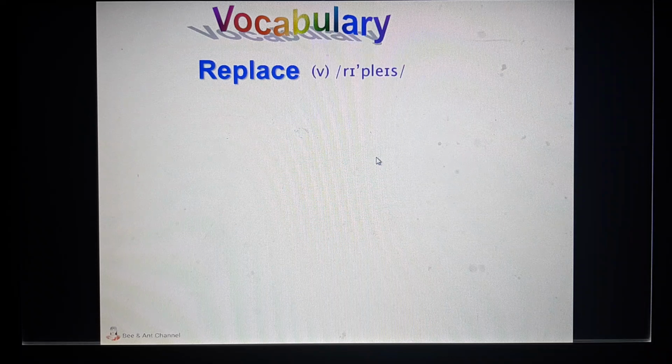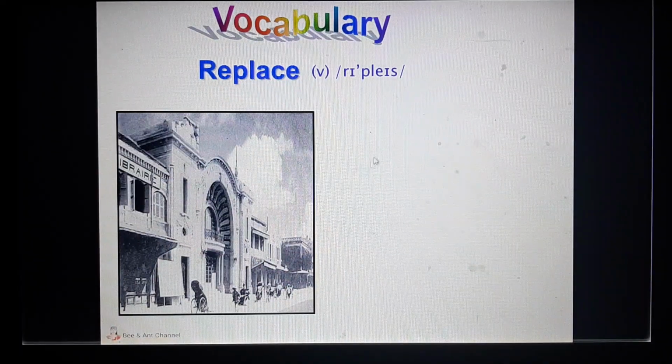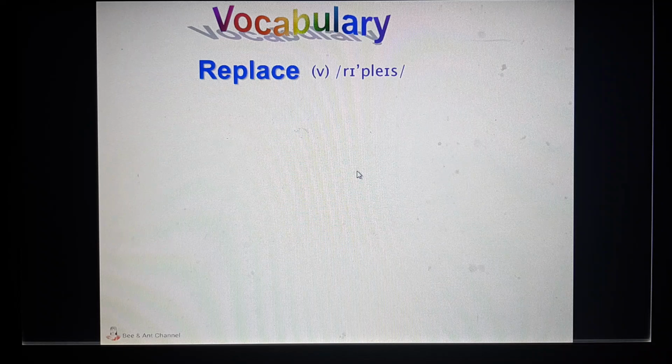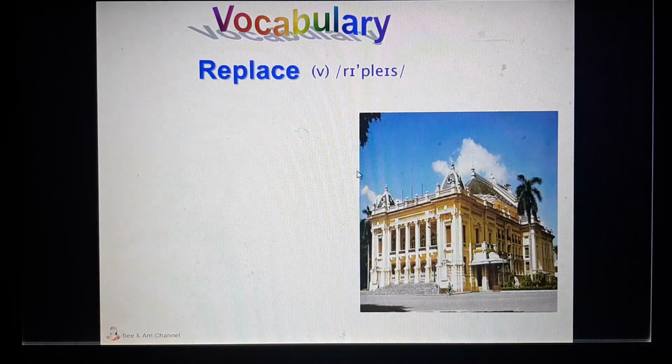Replace, replace. An old building is replaced by a new building.